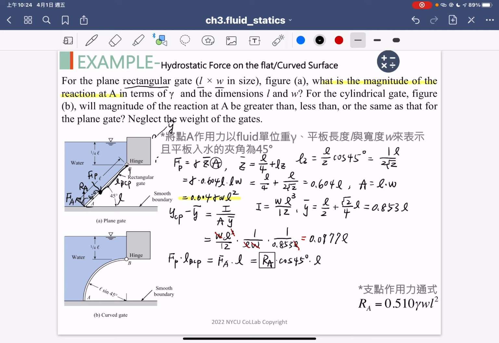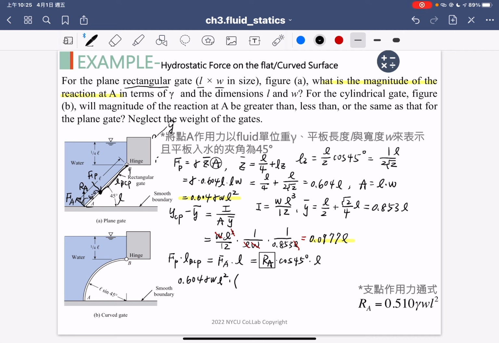We actually know the FP and we know that YCP minus the y bar. I put the numbers inside. FP is 0.604 gamma WL squared. This is FP multiplied by LBCP.